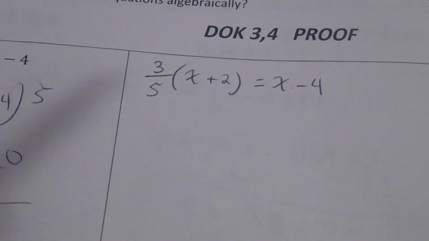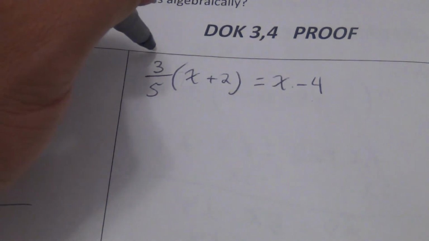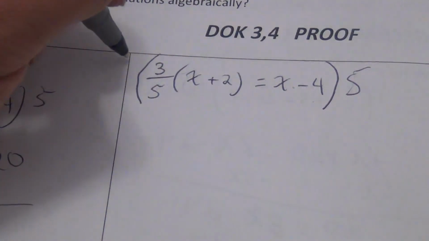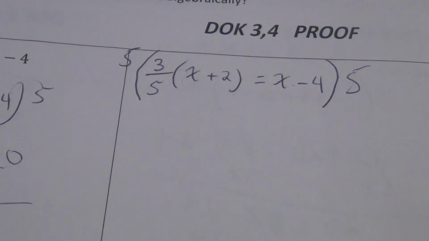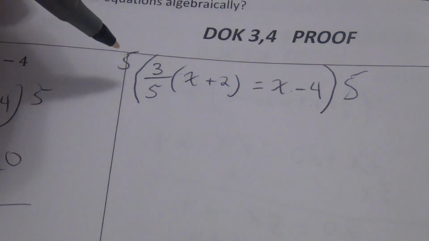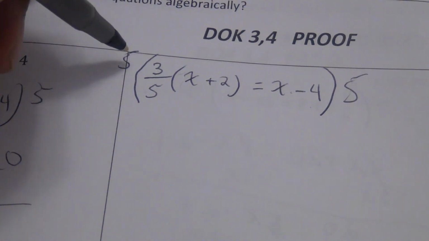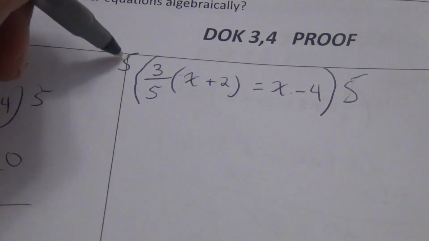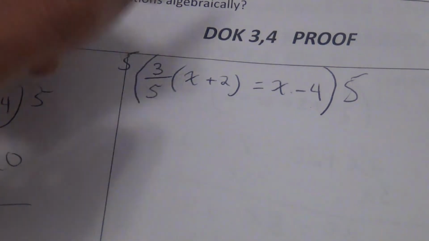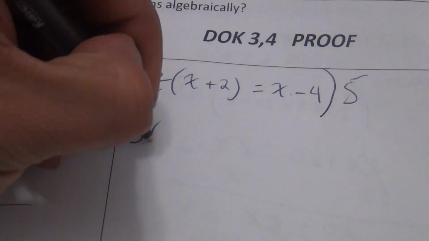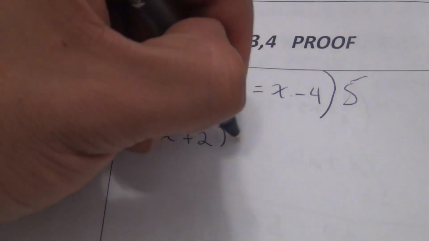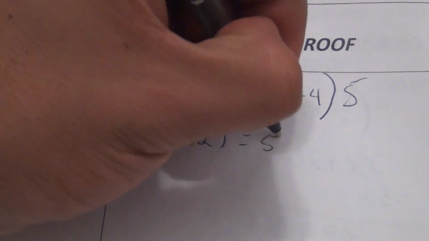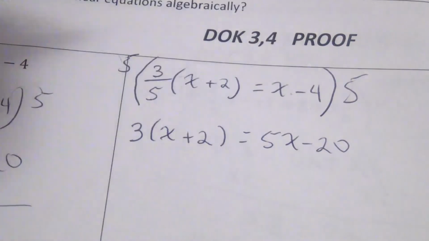So how about I multiply everything by 5? Then I would have 5 divided by 5, they cancel out, times 3, right? And on the other side I have 5x minus 20.